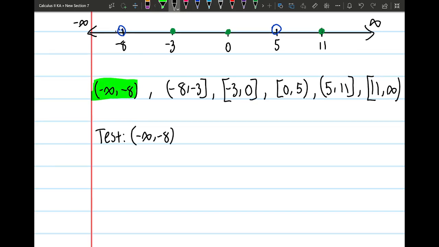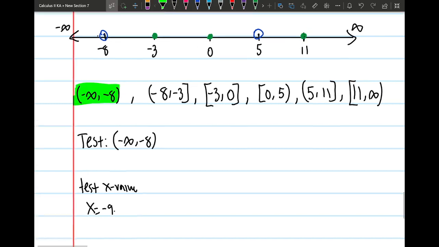Let's test an x value between -infinity and -8. I'll choose -9. So let's go ahead and test x equals -9. You want to test something that's less than -8.